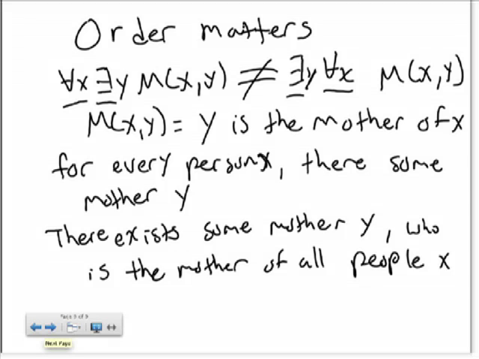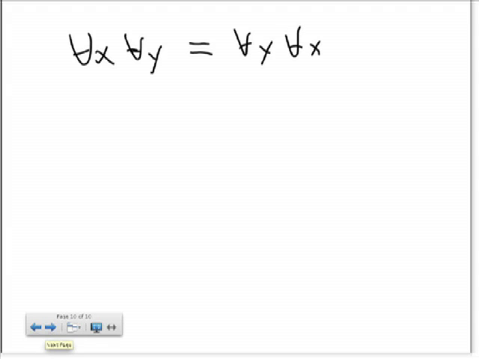So the order does matter when you have different quantifiers, the existential and universal. However, if you have the same quantifiers, you can switch them and it will not make a difference. I'll let you convince yourself of that, but that also goes for the existential quantifier too.